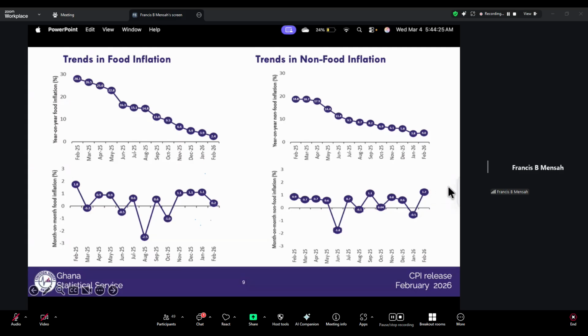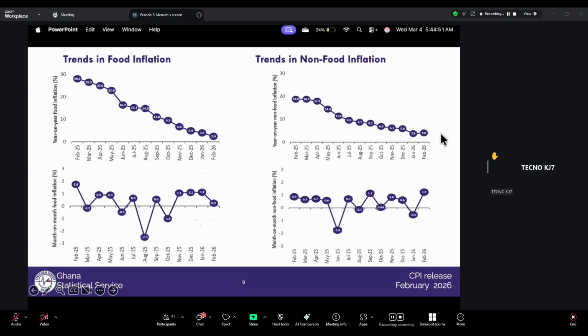Identify yourself. Yes, my name is Justice. I was saying that this is quite a slower reduction, 0.5 percentage point. I'm asking whether we are getting to a place where the long process of inflation is kind of plateauing.